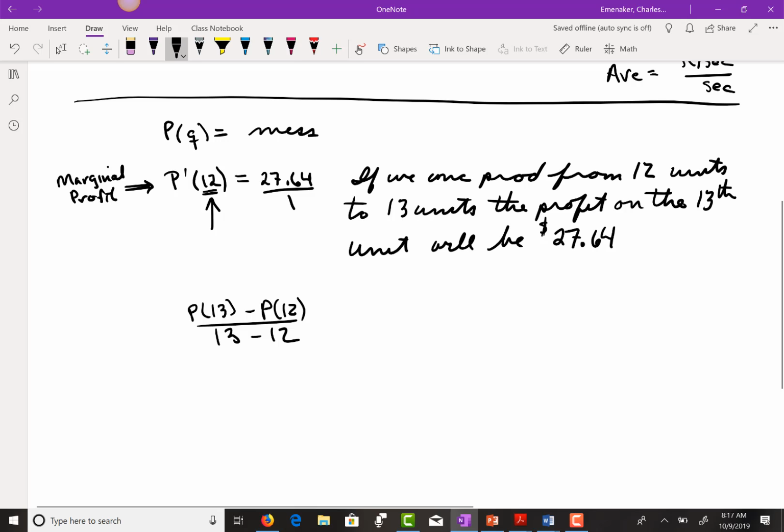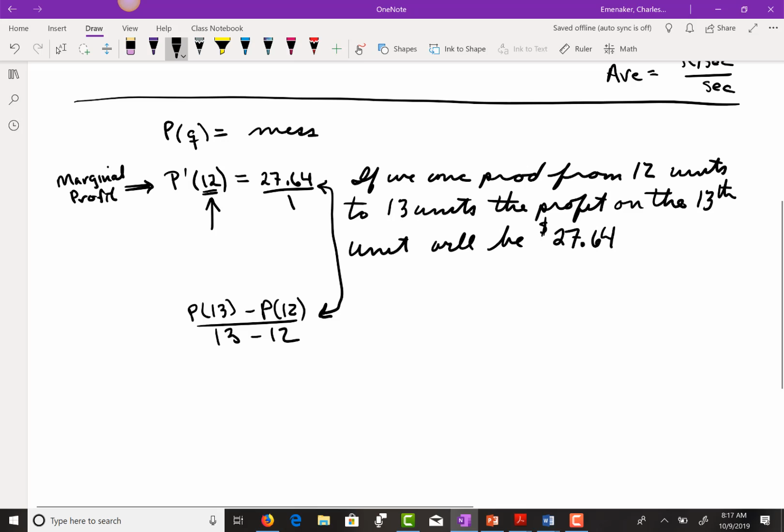There really is a 1 there in the denominator. Okay? And this fraction there and the 27.64 are trying to tell you the same thing. How much additional profit will you make by producing a 13th unit?